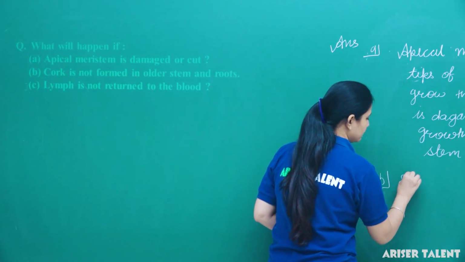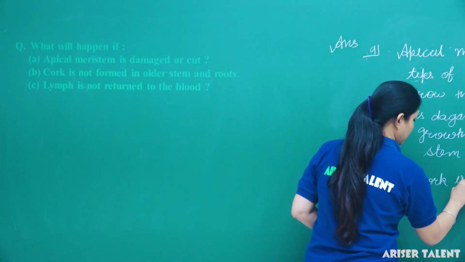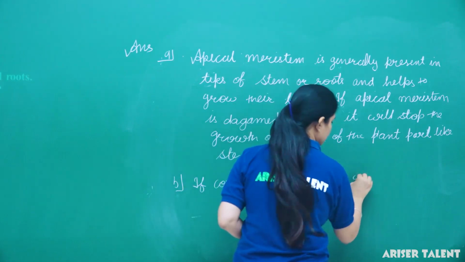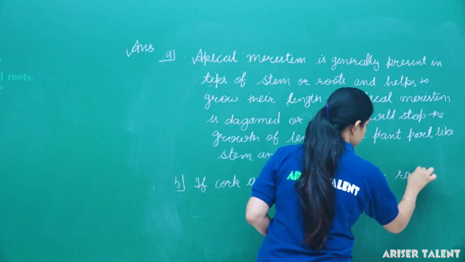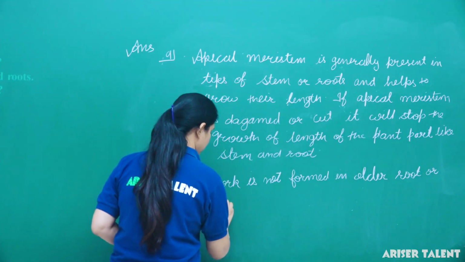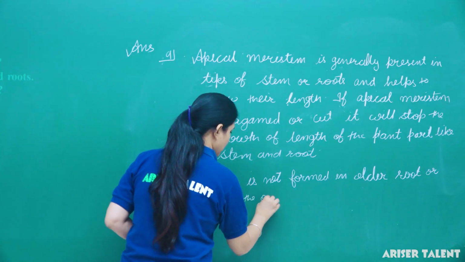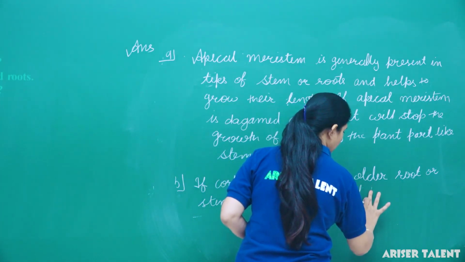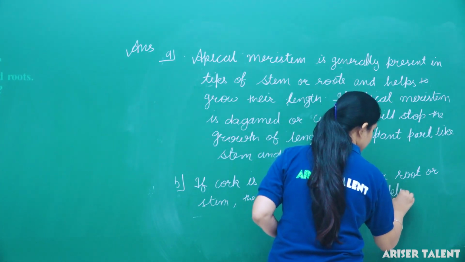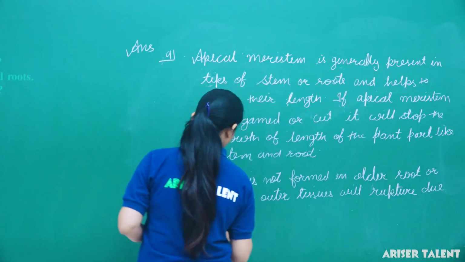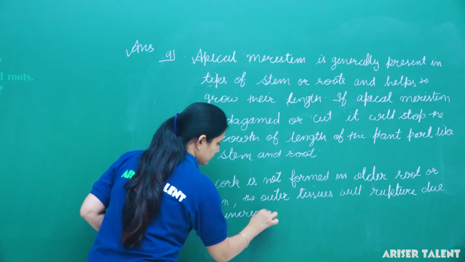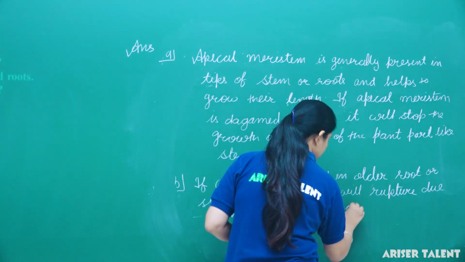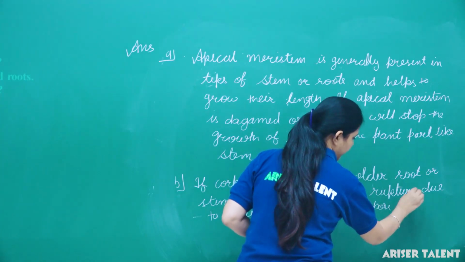Part B. If cork is not formed in older root or stem, the outer tissue will rupture due to increase in girth and expose the interior.